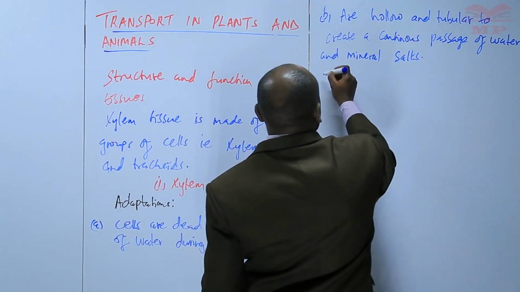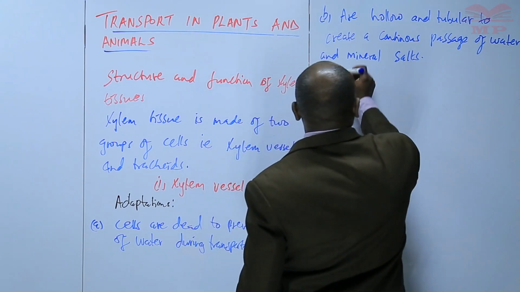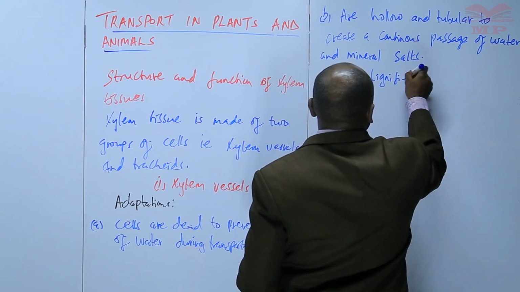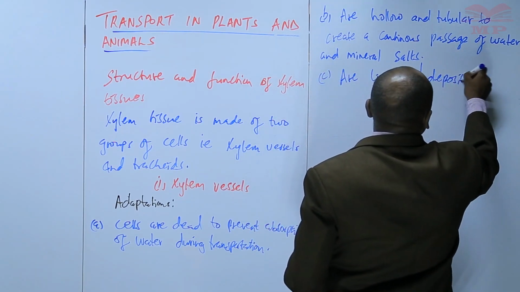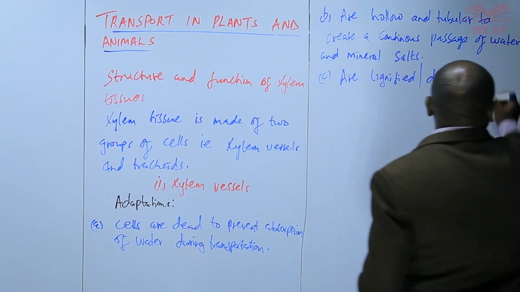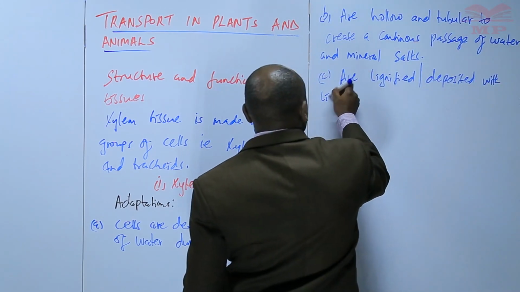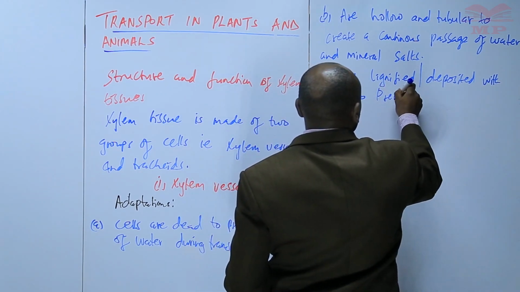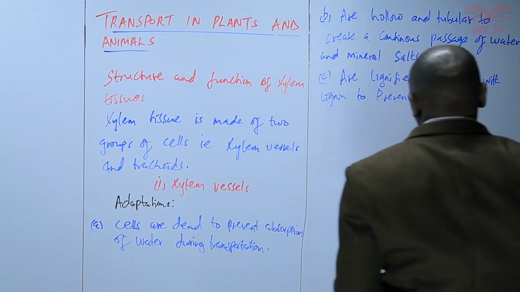Number C, the xylem vessels are lignified, strongly deposited with lignin to prevent them from collapsing.